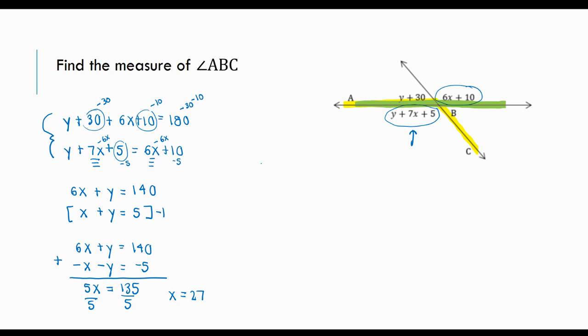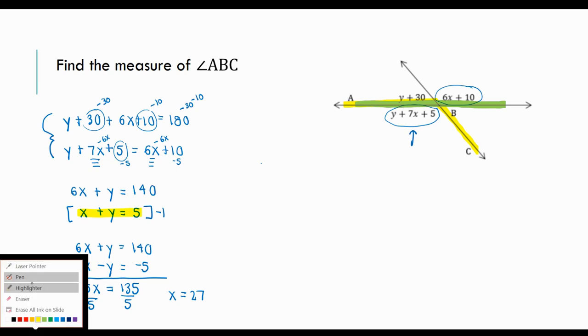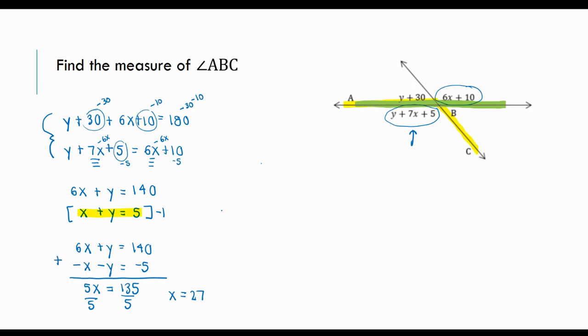So if I go back to this original equation, let's plug the 27 back into that x. So we're going to have 27 plus y equals 5. So I'll subtract 27, and that gives us y to be -22.